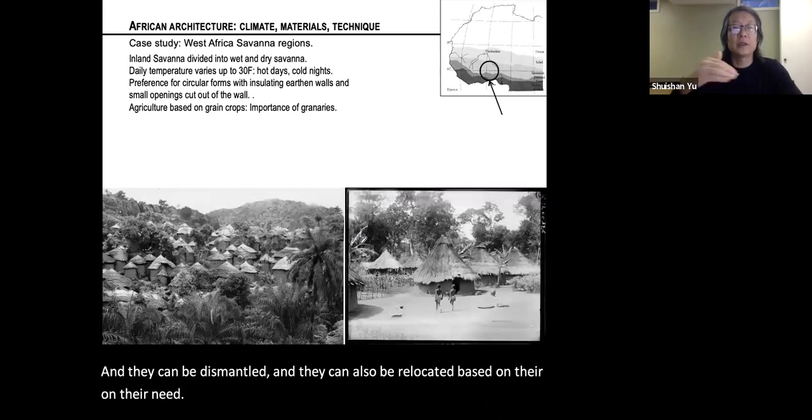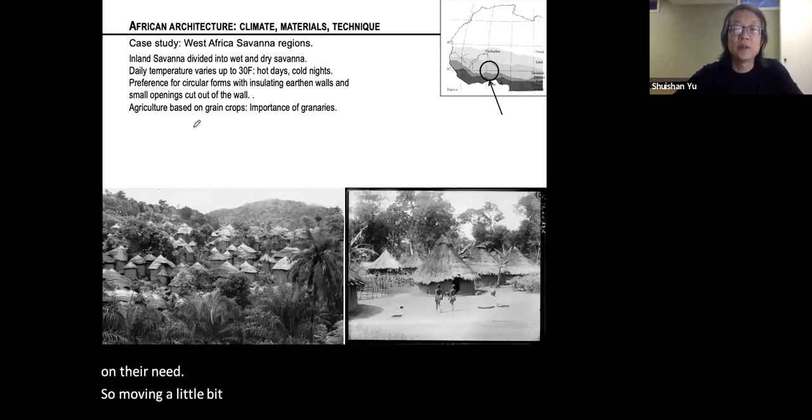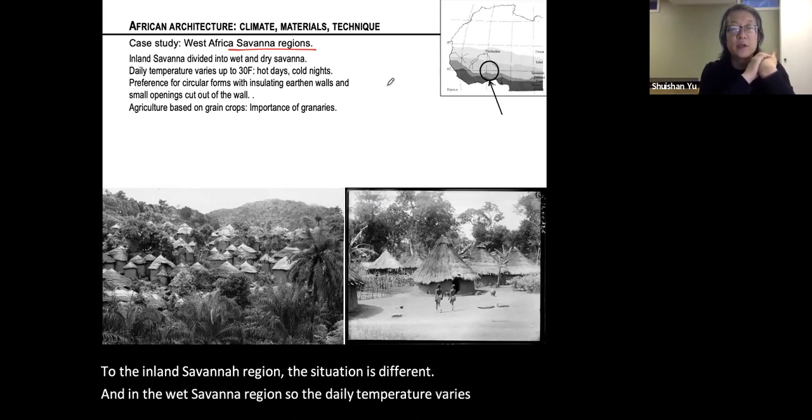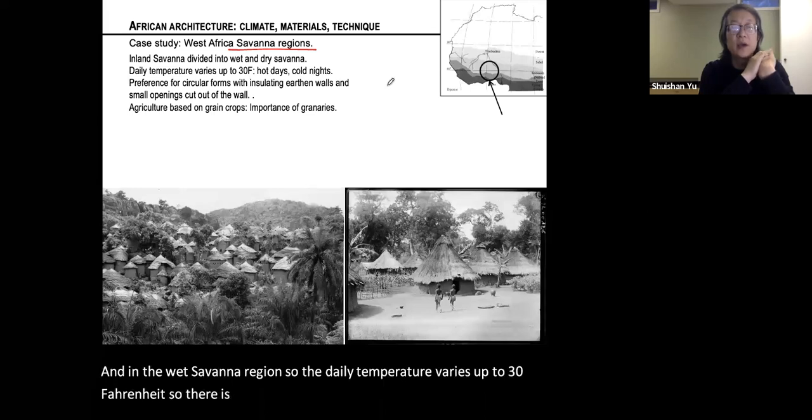So moving a little bit up to the inland savanna region, the situation is different. In the wet savanna region, the daily temperature varies up to 30 Fahrenheit. So there are hot days and cold nights.